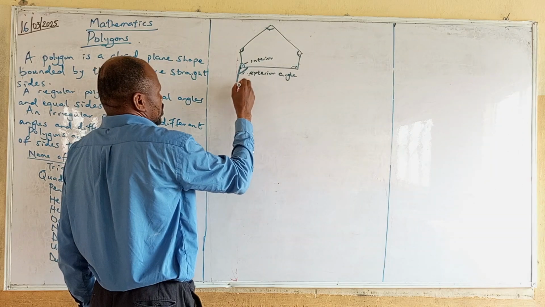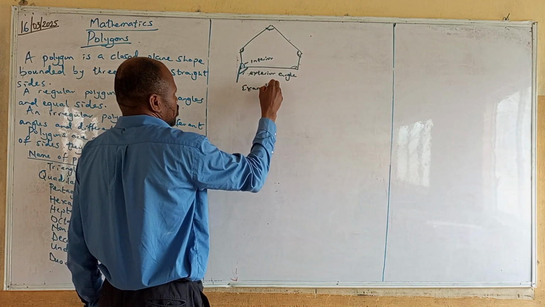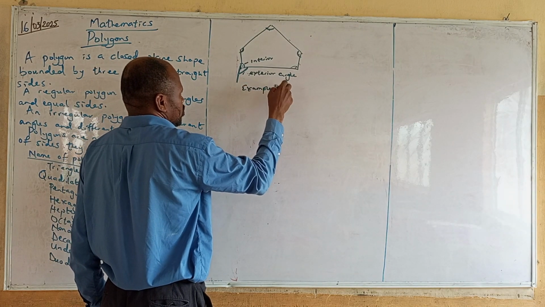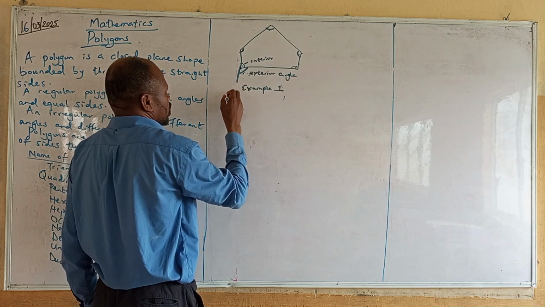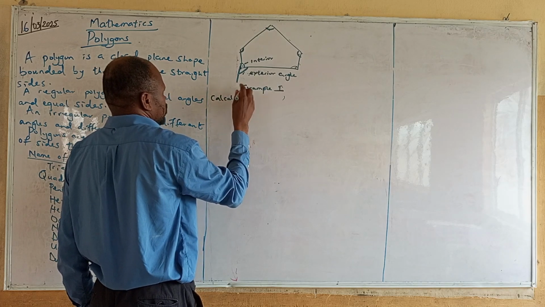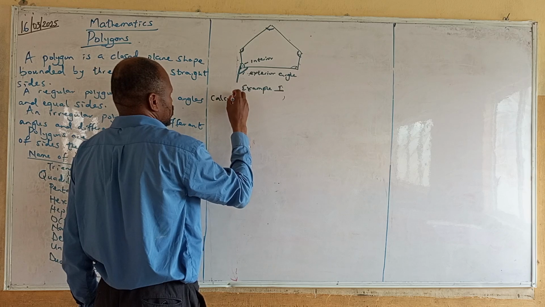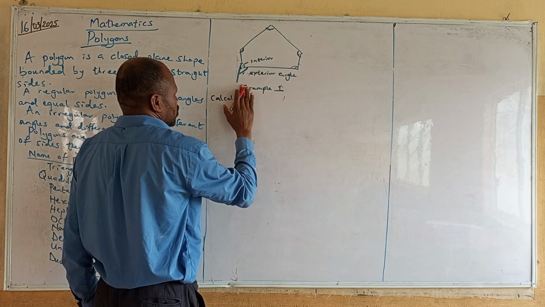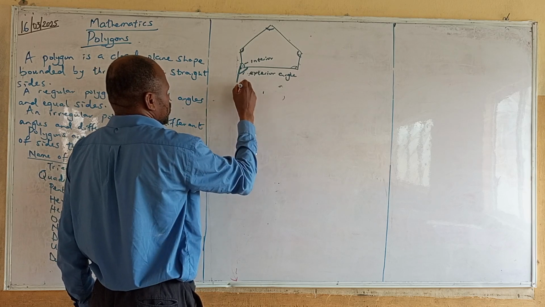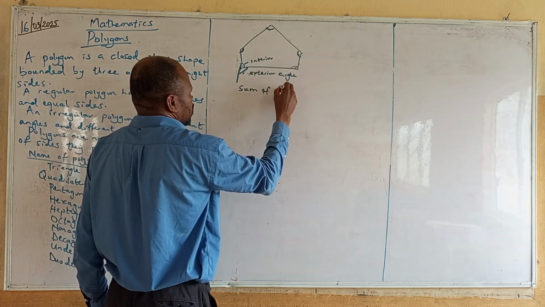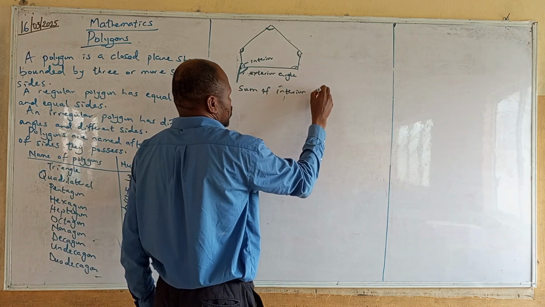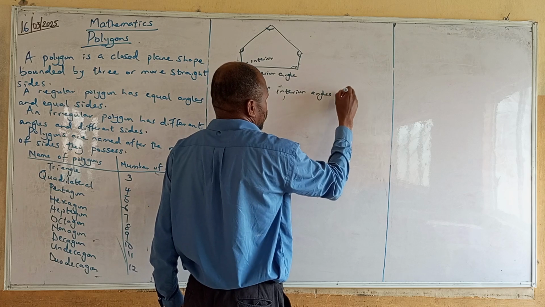Okay. Example 1. Calculate the sum of interior angles of a polygon.